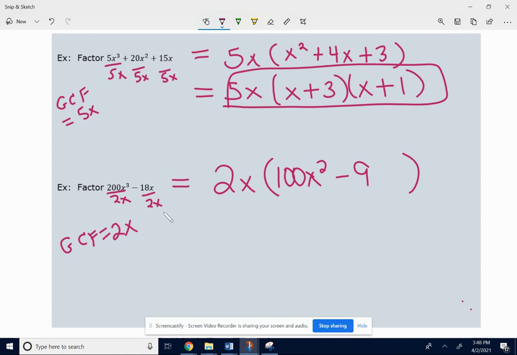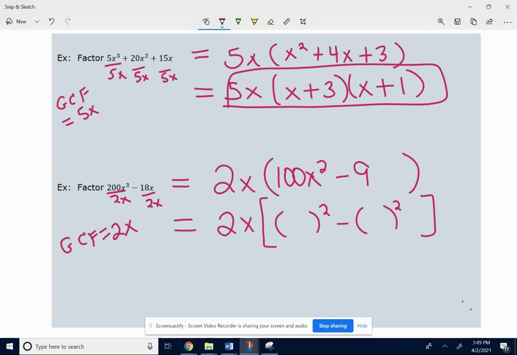After we take out the greatest common factor, if we are left with a binomial, look for, I'm going to use brackets to kind of distinguish here, see if you can make 100x squared minus 9 fit the pattern something squared minus something squared.